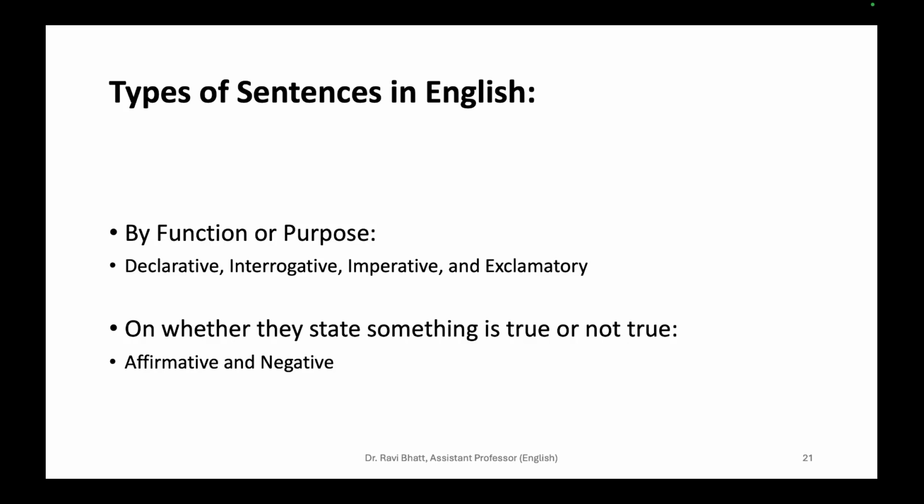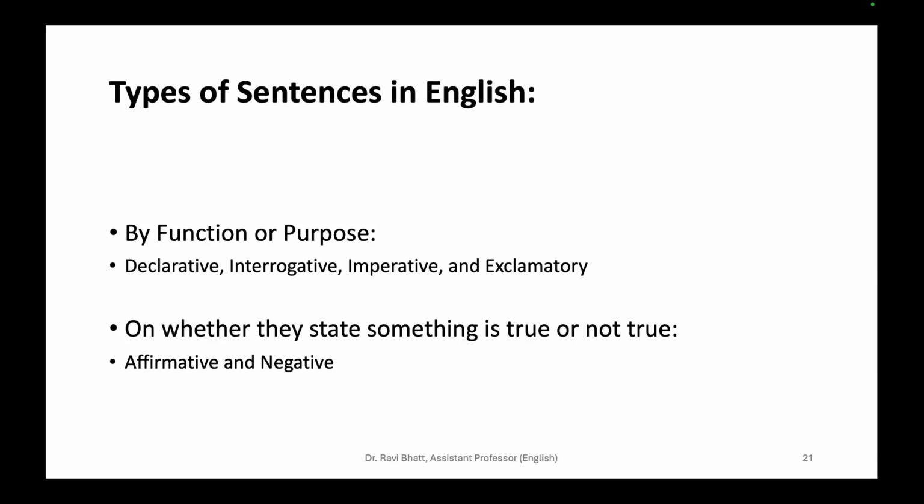Now, since we know that there are these six types of sentences in the English language, they are divided into two categories. First, by function and purpose, we have declarative, interrogative, imperative, and exclamatory sentences.